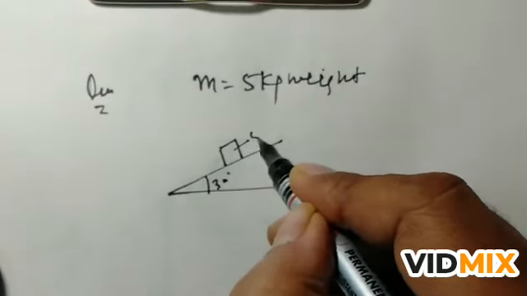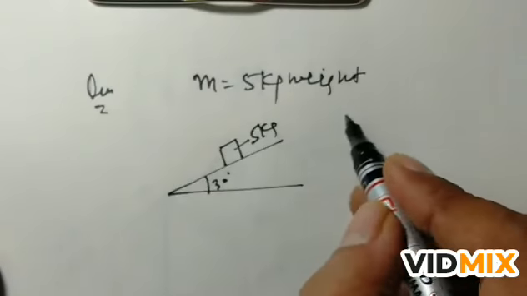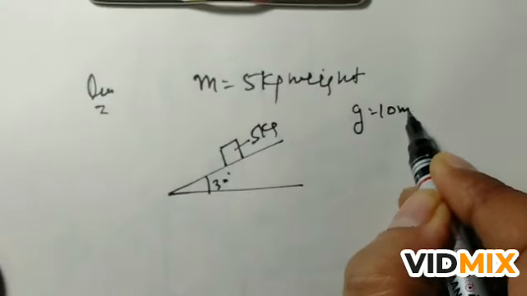You have to find the coefficient of friction. What is the coefficient of friction? The value of g is given as 10 meter per second square.